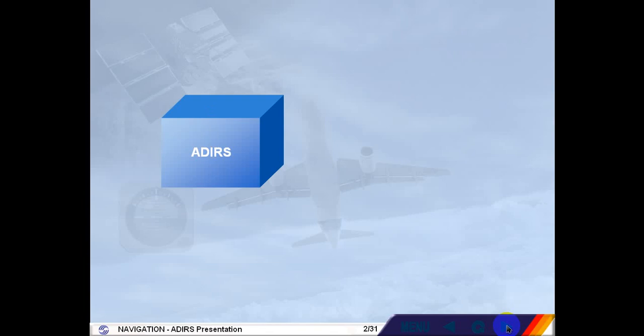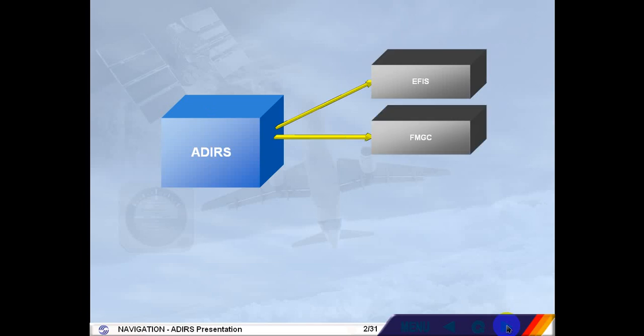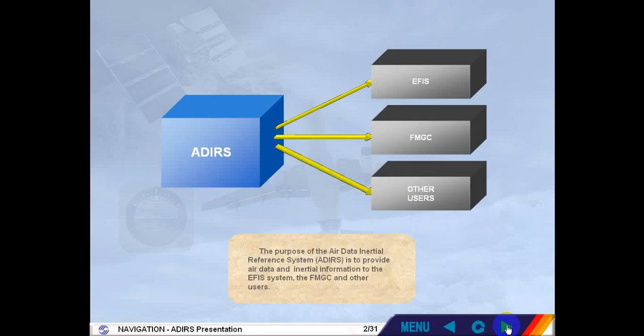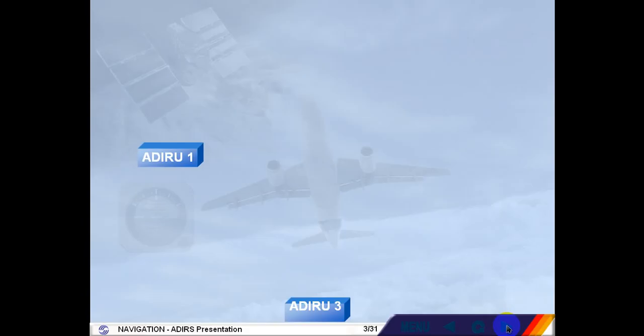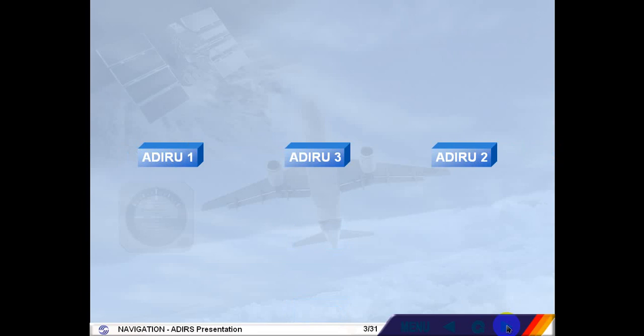The purpose of the Air Data Inertial Reference System, ADIRS, is to provide air data and inertial information to the EFIS system, the FMGC, and other users. The A320 is equipped with three separate but identical Air Data Inertial Reference Units.